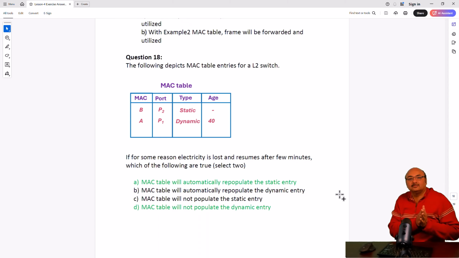Here the concept of MAC table entries, dynamic and static, is being discussed, where the focus is on whether you understand that static entries do not get purged as a result of a reboot, whereas dynamic entries get purged or deleted. So the correct answer is the MAC table will automatically repopulate the static entries and will not repopulate the dynamic entries.